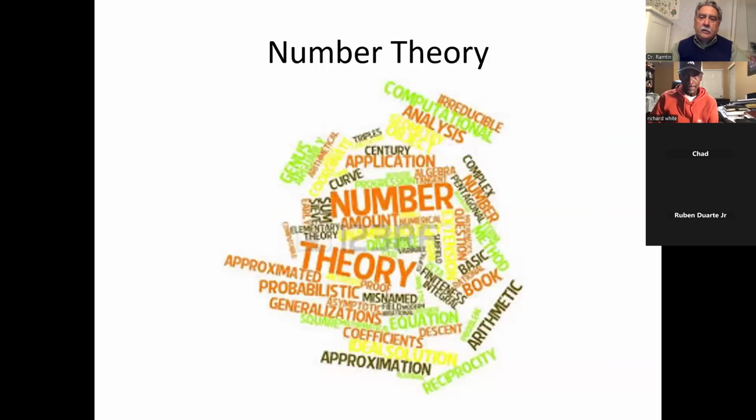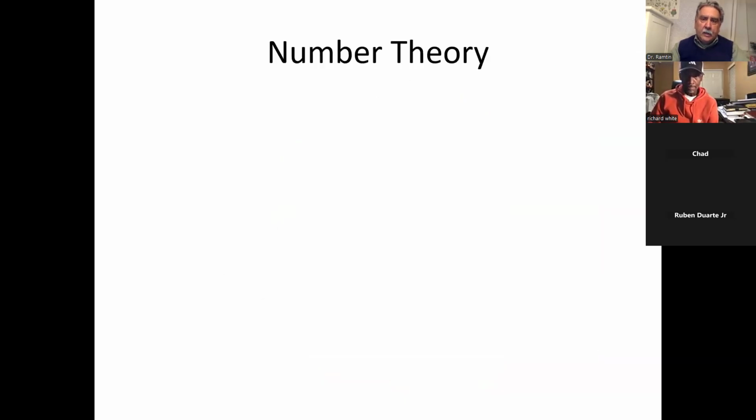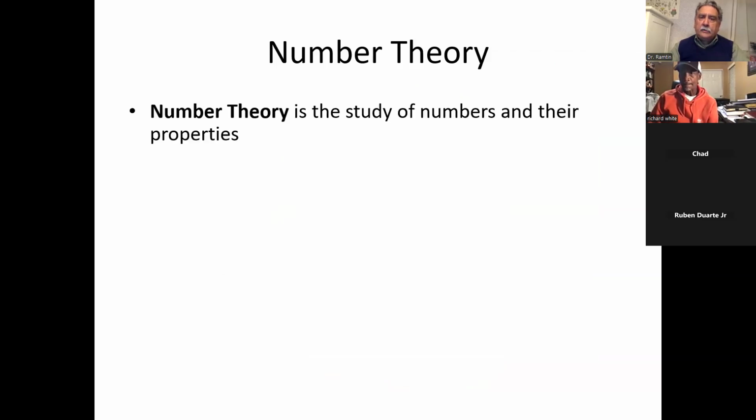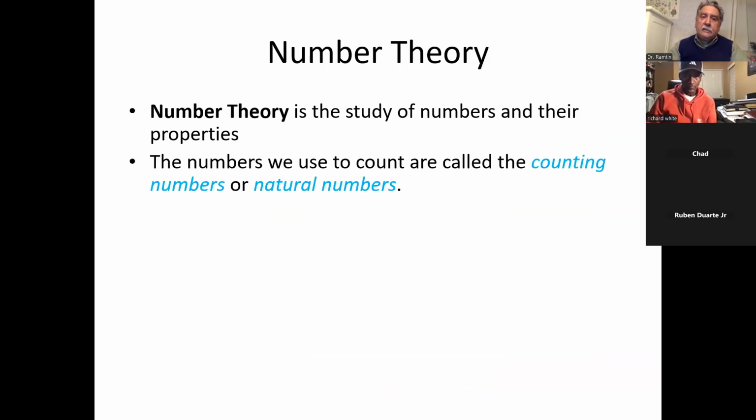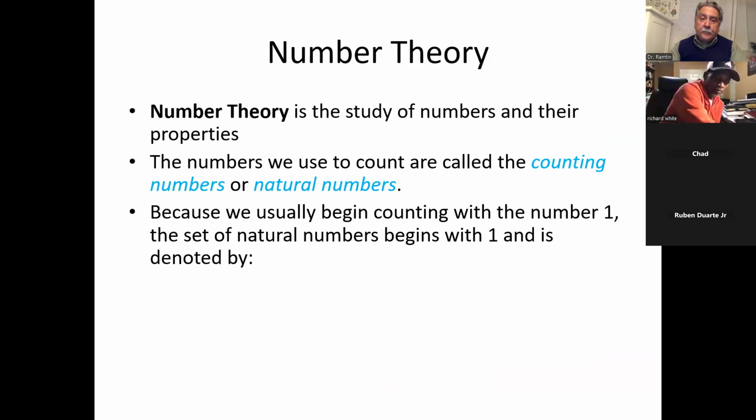Okay, we are going to talk about numbers, number theory. Number theory, excuse me, is the study of numbers and their properties. Numbers we use to count are called counting numbers or natural numbers.